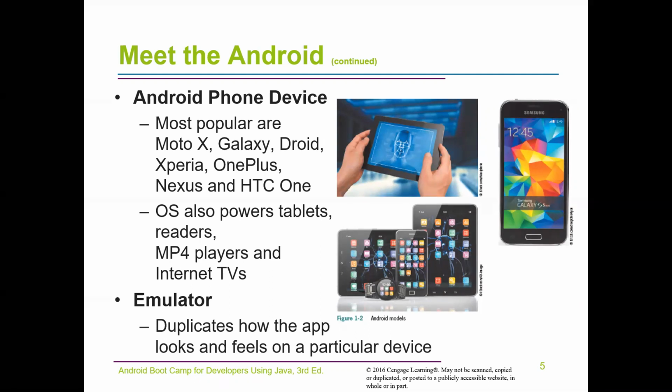Technically not, because in this subject, you will develop an application that could be deployed with the different versions. As you can see, there's the Moto X, Galaxy, Droid, Xperia, OnePlus, Nexus, and HTC One. And also there are tablets, MP4 players, and internet TVs. So there are a lot of devices in terms of Android. Those are the things that Android has.